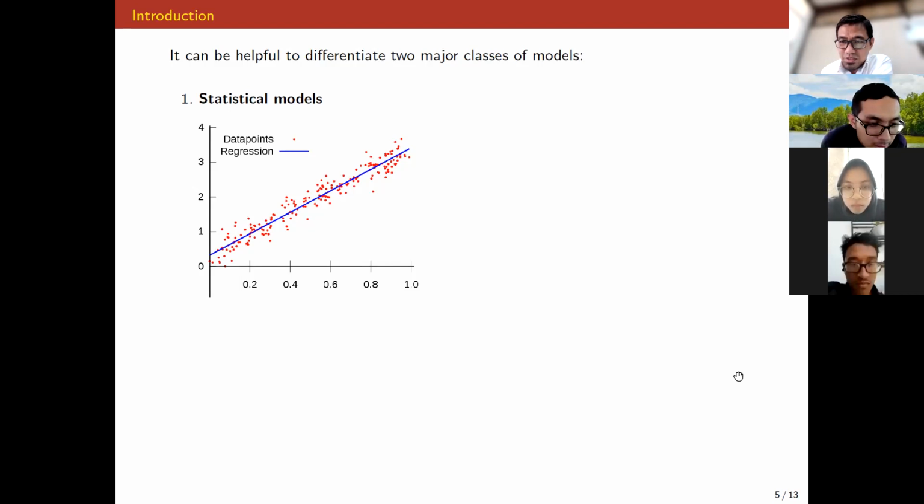Yes, sir, biostatistics. So maybe you know the terminology of regression.